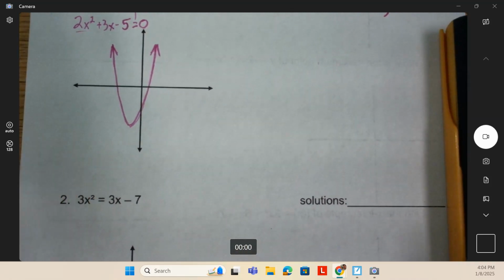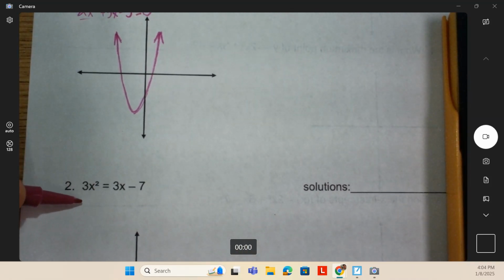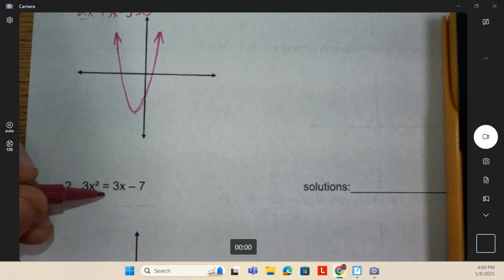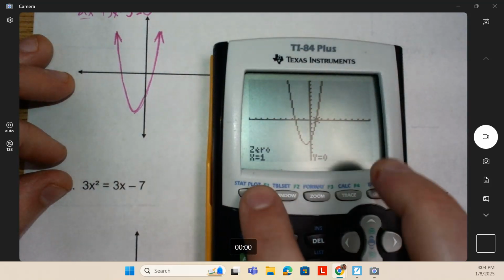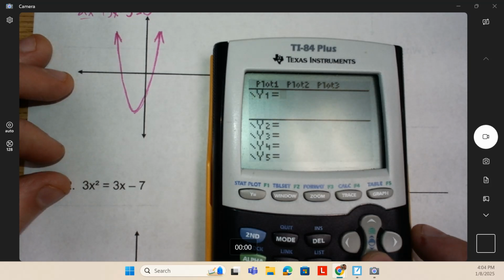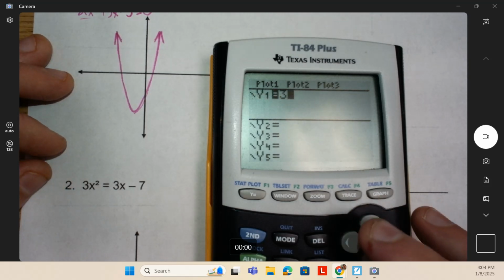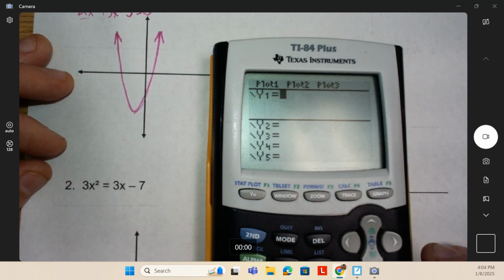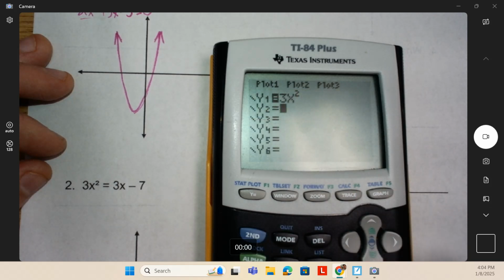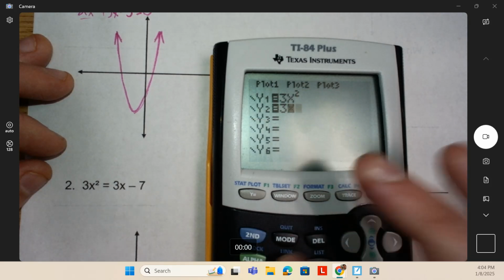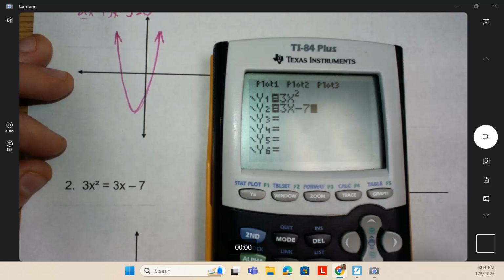Let's look at the next one. I've got 3x squared equals 3x minus 7. Now, if you were to take this and put it in just as is, 3x squared, and then maybe on the next line put 3x minus 7.